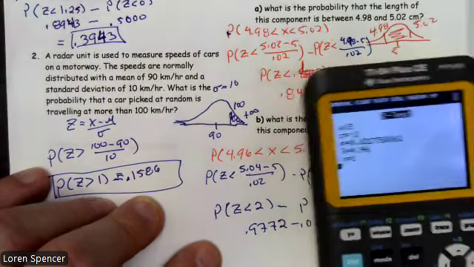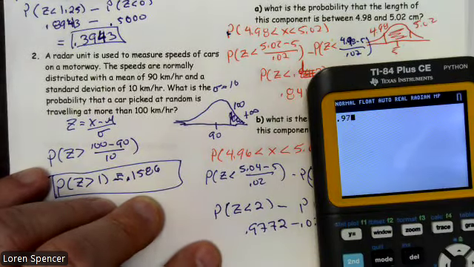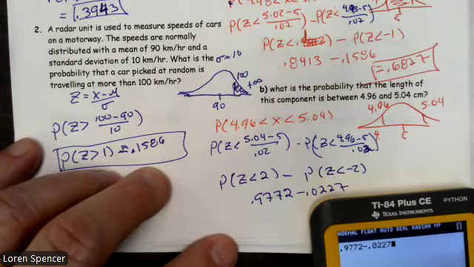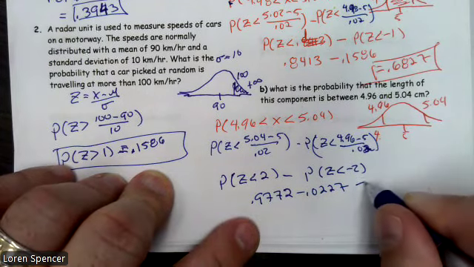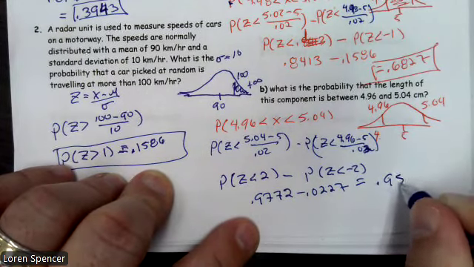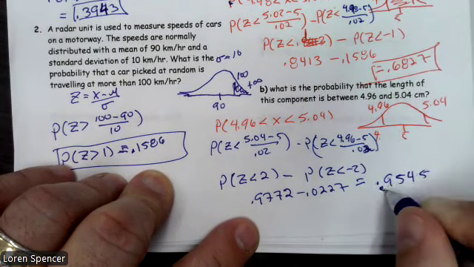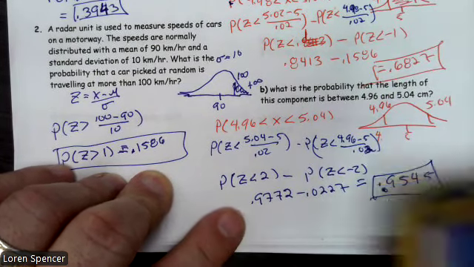Subtract those values. 0.9772 minus 0.0227, and we end up getting 0.9545. So about 95%. Remember the empirical rule is an approximation, but it's pretty close.